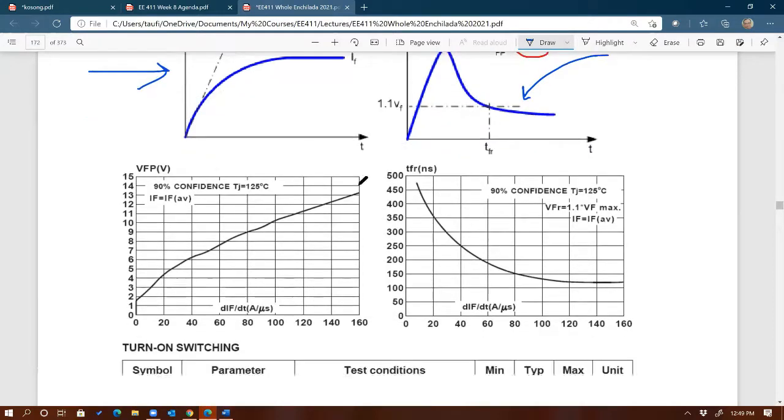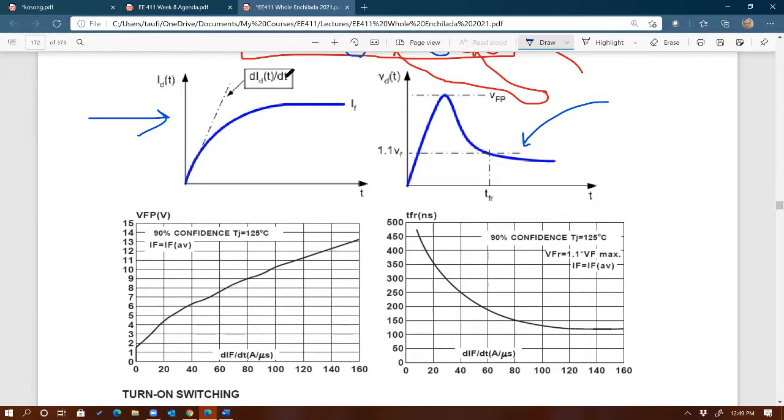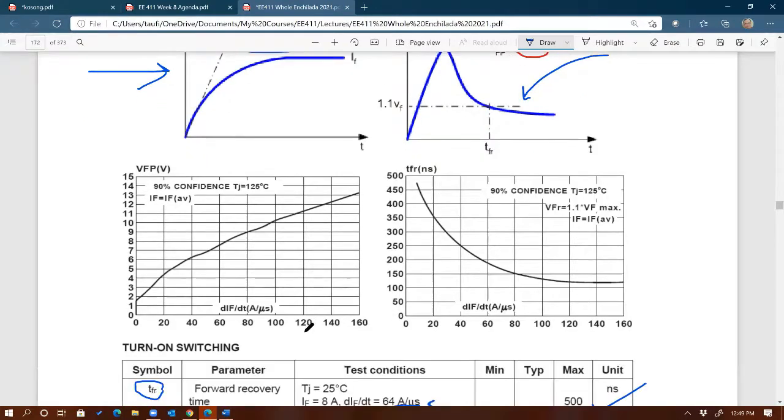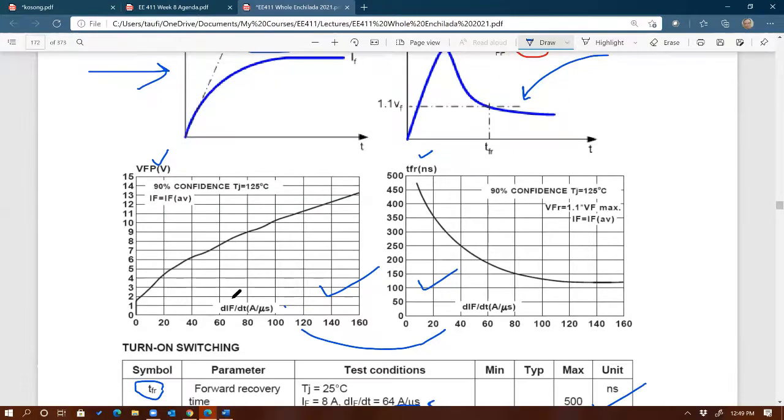And once you get those waveforms, then you can measure the slope as the diode is turning on. And from there, you use these two different curves, this one and that one, to get the more accurate values for VFP and TFR, which are a function of the slope. See that? Slope.